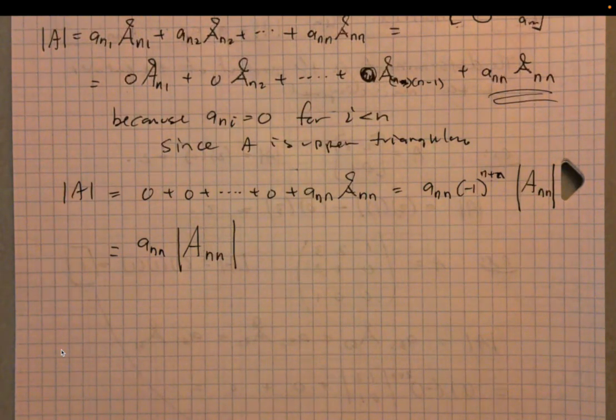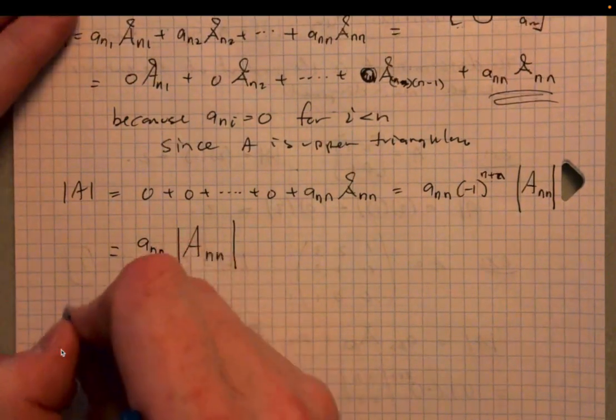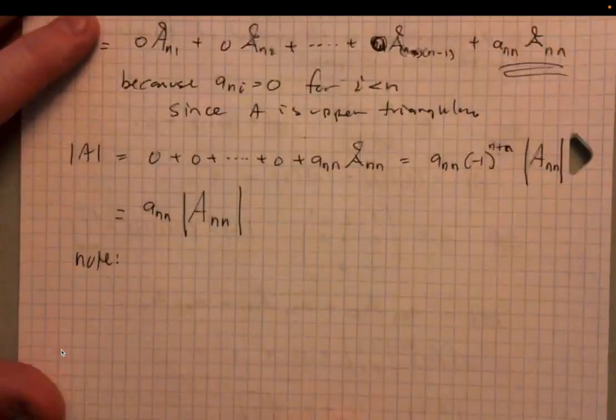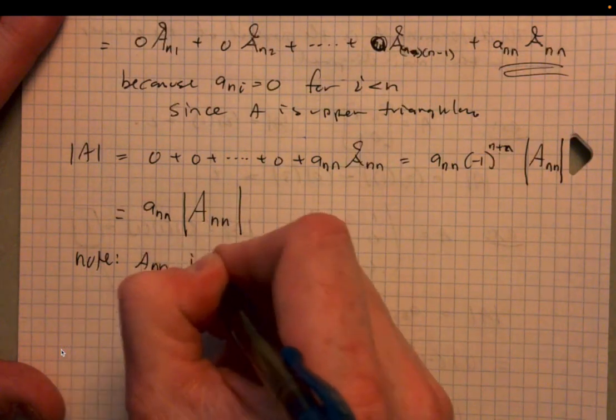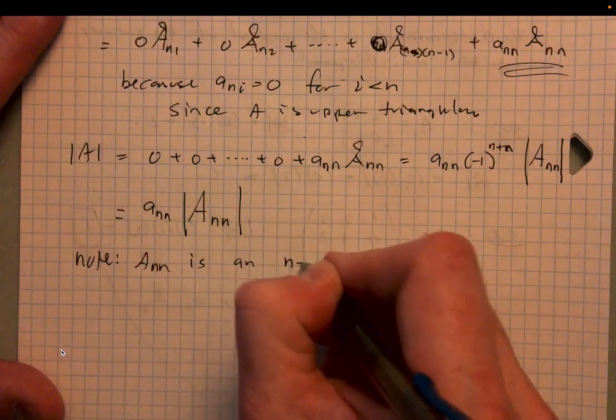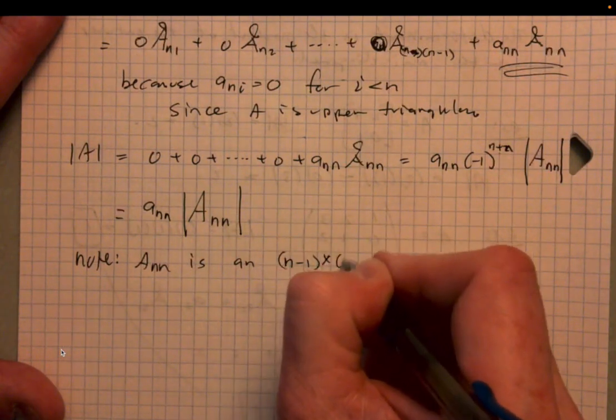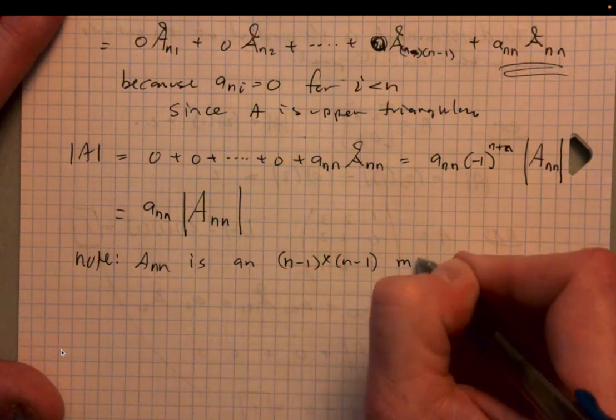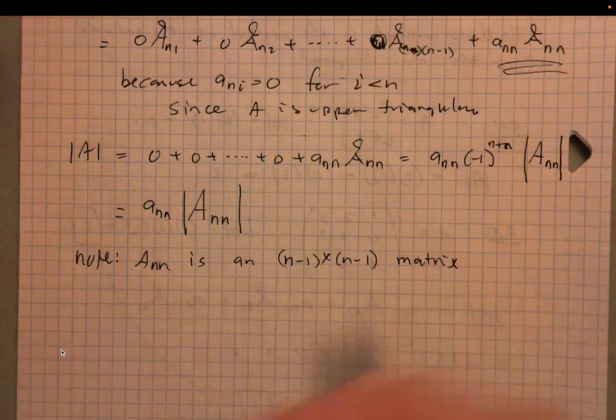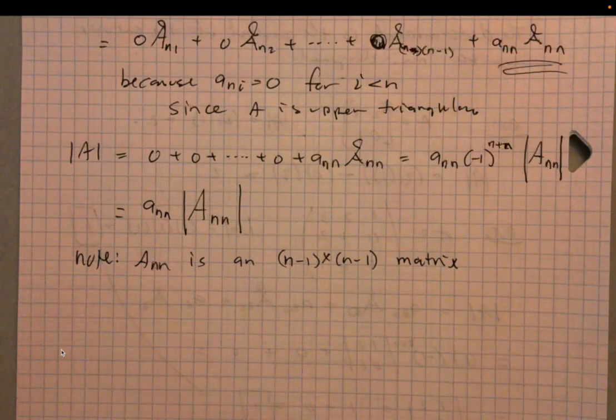Okay. But notice here that this submatrix ANN is n minus 1 by n minus 1. Right? And so what does that mean?